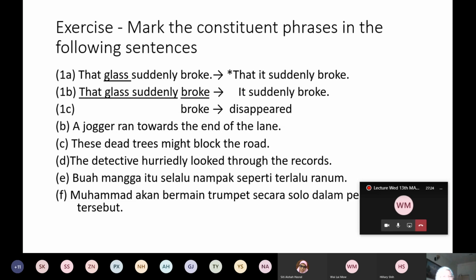Buah mangga itu selalu nampak seperti terlalu ranum. Can you copy the sentence first? Because I want to go into the other screen.